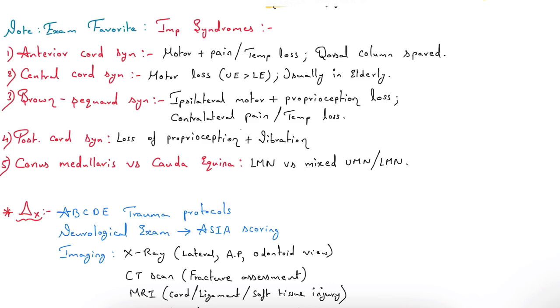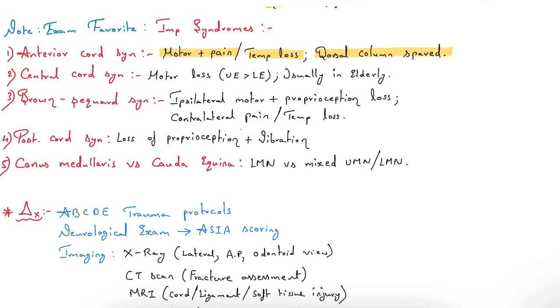First one, anterior cord syndrome. In anterior cord syndrome we can see motor, pain and temperature loss, with the dorsal column spared, and sometimes we can see involvement of the anterior spinal artery. Okay. So motor plus pain and temperature loss, dorsal column spared, and some involvement of the anterior spinal artery.